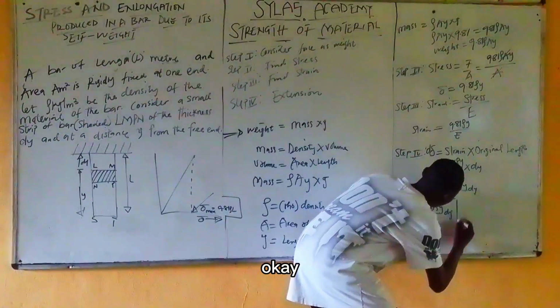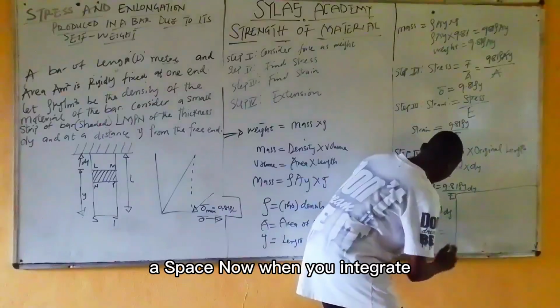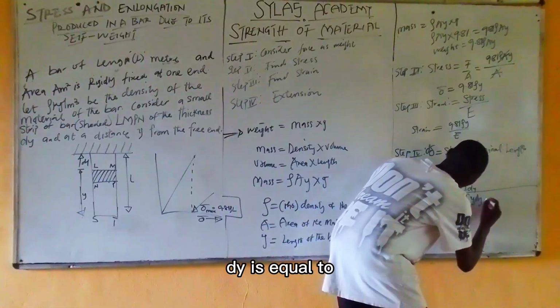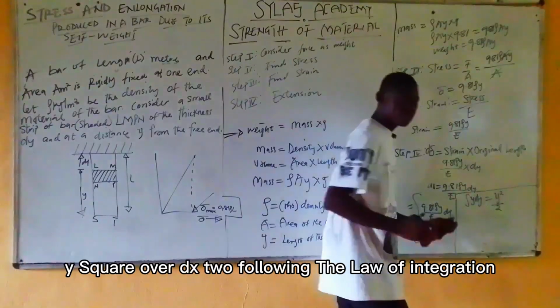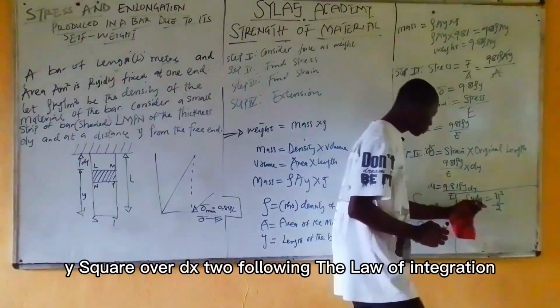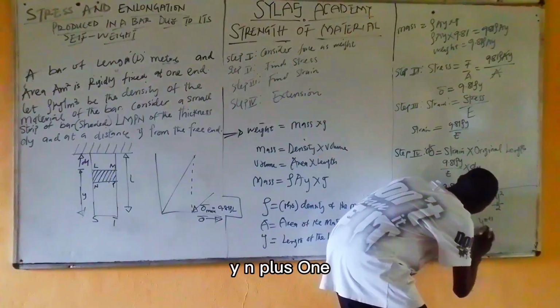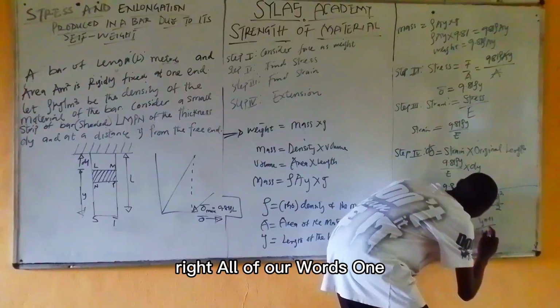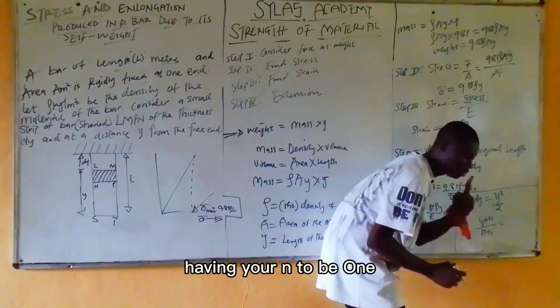Permit me to use a space. The integral of y dy is equal to y square over 2, following the law of integration. That is to say y to the n plus 1 all over n plus 1, having your n to be 1.